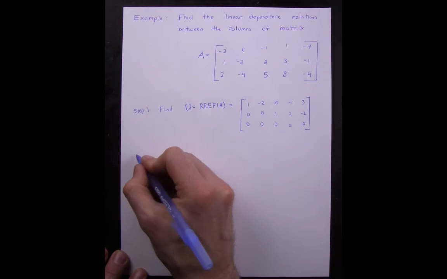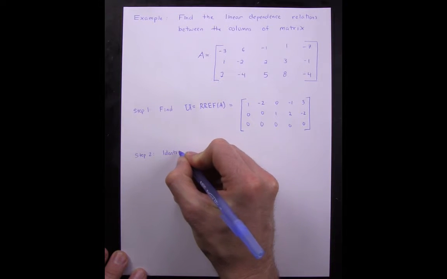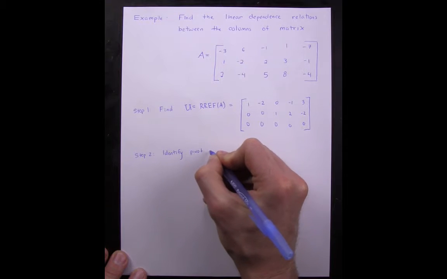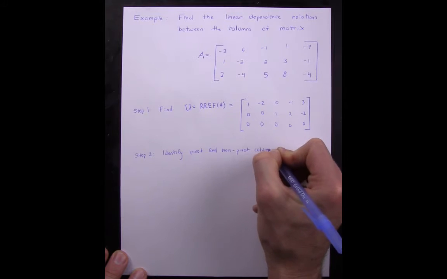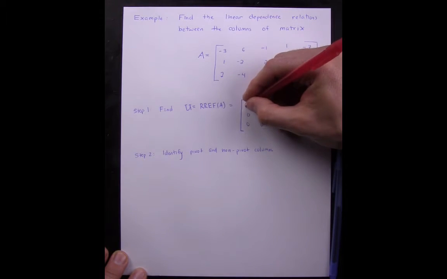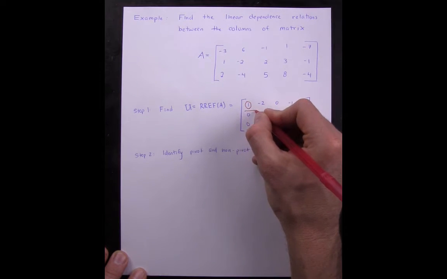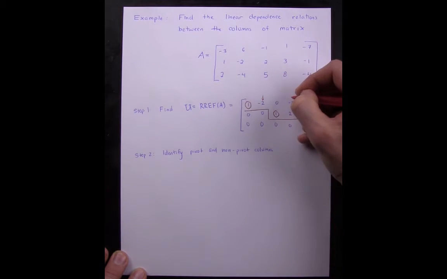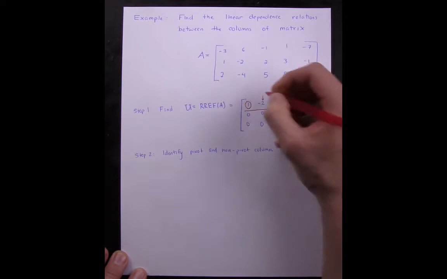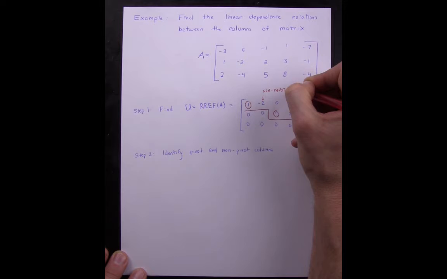We immediately identify the pivot columns and non-pivot columns. In this case, we see immediately that columns 1 and 3 are pivots, and using our stair-step structure of the RREF, we see that columns 2, 4, and 5 are what we call non-pivot columns.